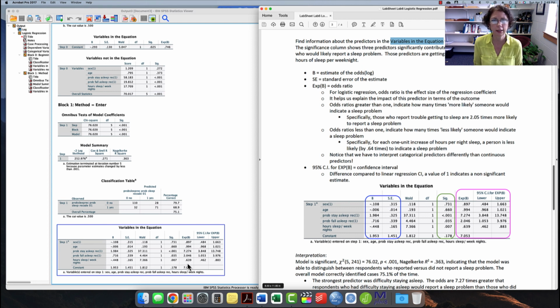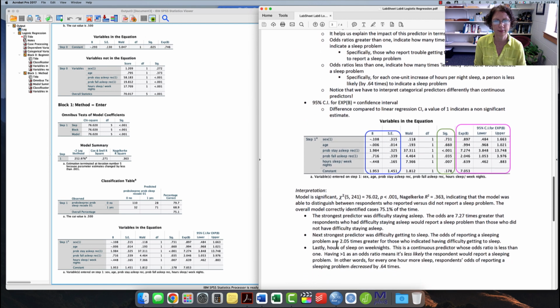How much less likely? 0.64 times. So really different there because it's a continuous variable. It's a continuous predictor. So that's when we get back to that for every 1 unit change. For every 1 hour more on average slept per night is this much less likely that someone is going to report a sleeping problem. So that one's a bit more of a challenge.